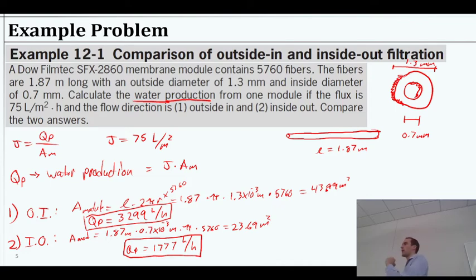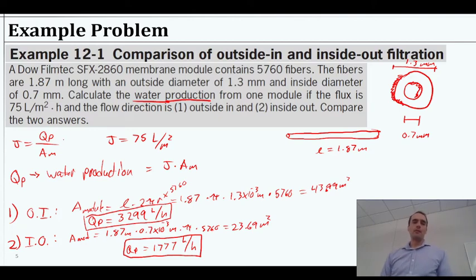If you had a much bigger tube, let's say 1 meter, and the wall is like a millimeter thick, the difference between those would be almost nothing. It's partly because these fibers are so small that the thickness of the tubes themselves makes such a big difference. So it's almost a factor of 2 difference.